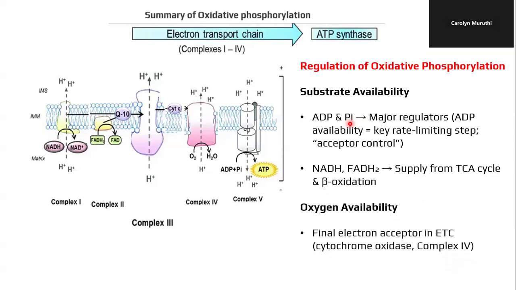Oxygen availability also regulates oxidative phosphorylation because we've seen it's the final electron acceptor. And hypoxia will limit ATP production because we have seen that oxygen is very important in this step, especially in the last complex 4 where we have oxygen accepting the electrons.